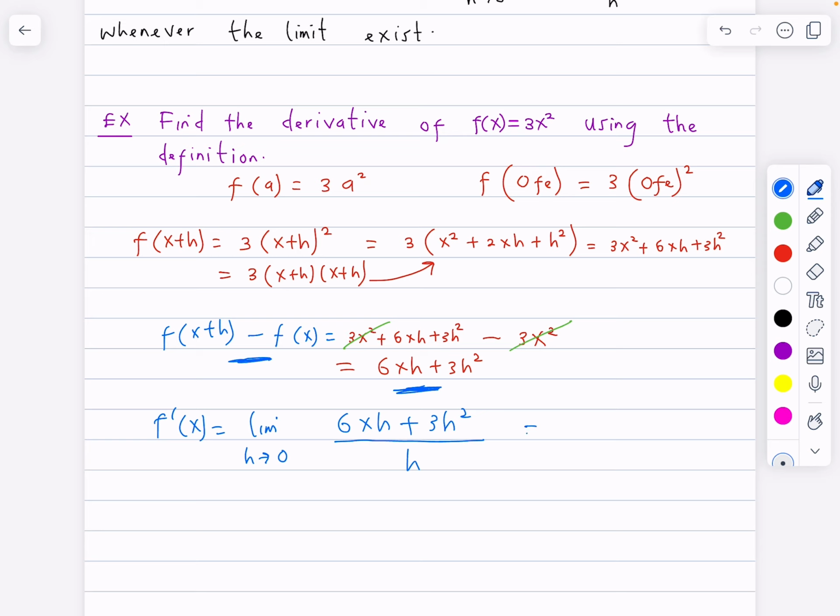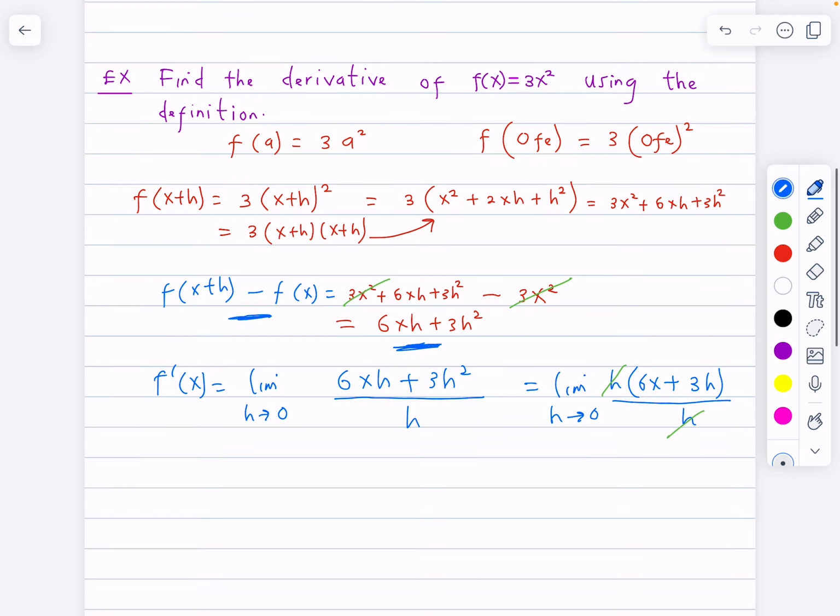So what I'm going to do is simplify the numerator. I'm going to factor out an h because an h is common. So I have h times 6x plus 3h, divided by h. So this h can cancel out this h.